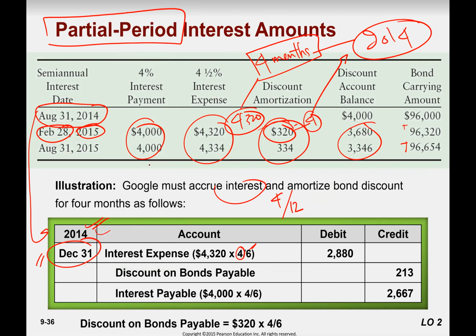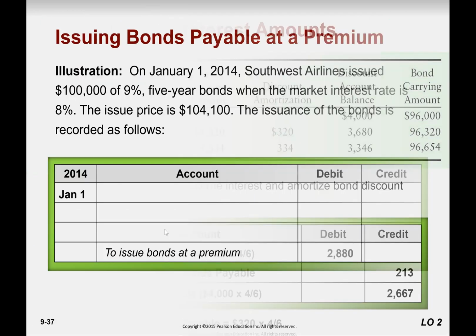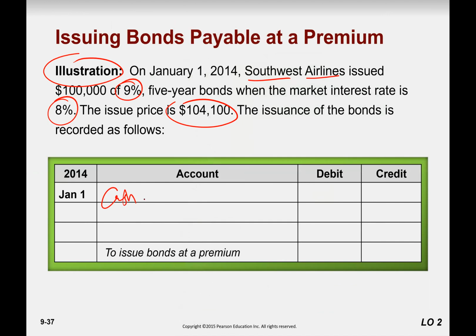Cash to bonds payable, their commitment, which is 100,000, right? And premium on bonds payable is always a credit balance, 4,100. This is how you make the entry, right?